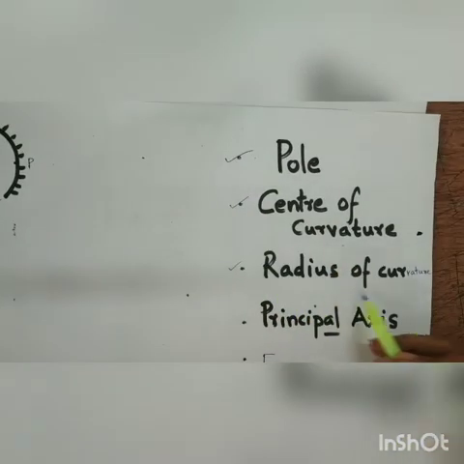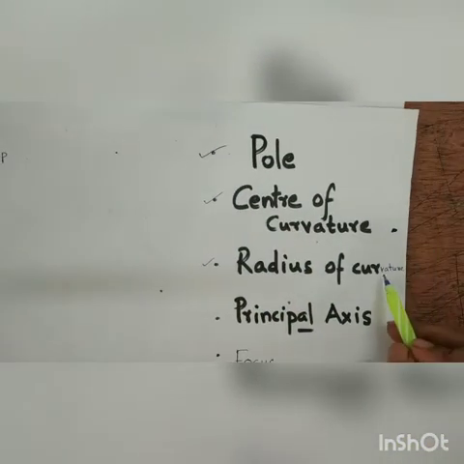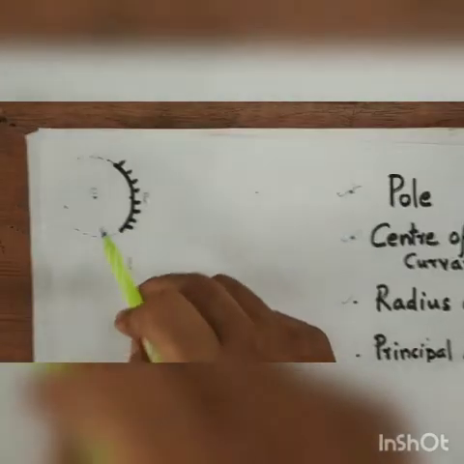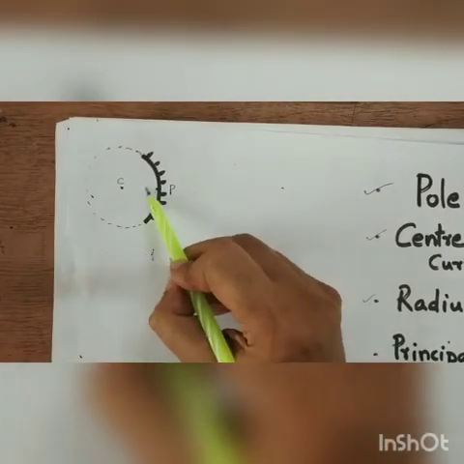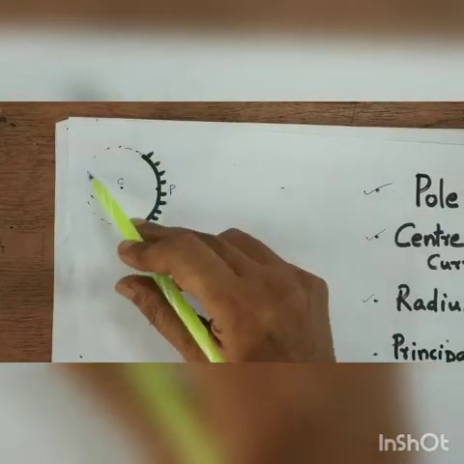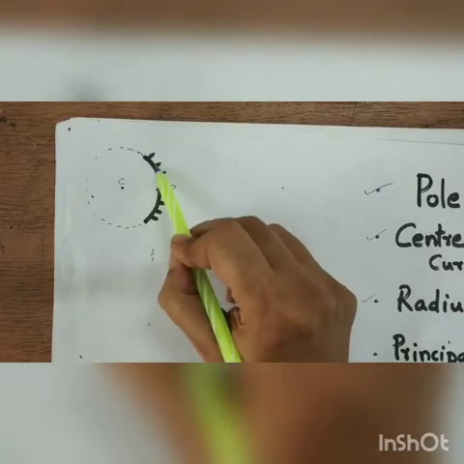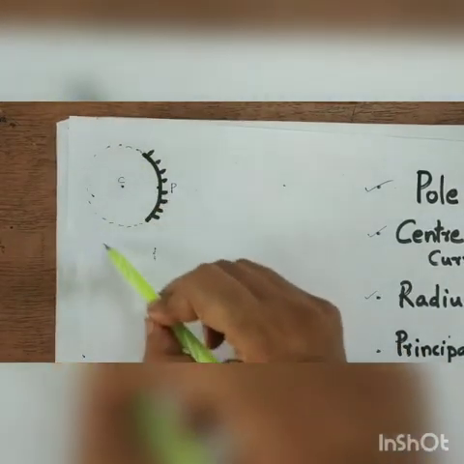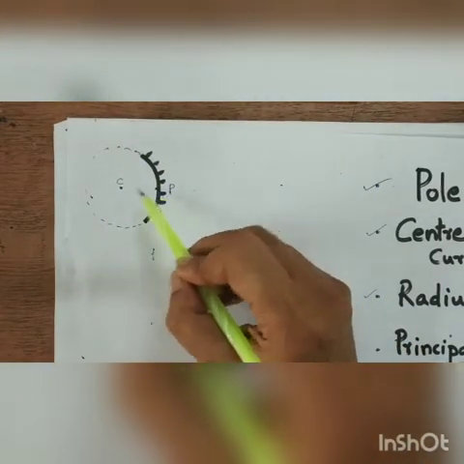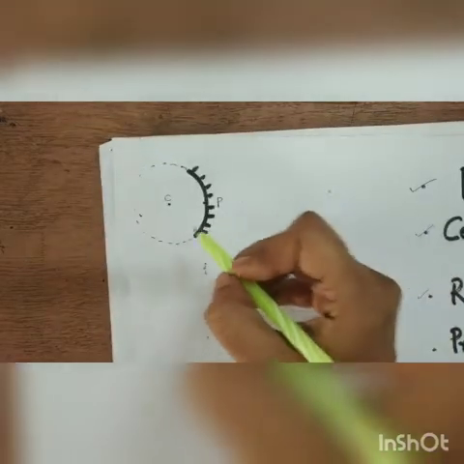Next is radius of curvature. Now, radius of curvature of this spherical mirror is the radius of the sphere of which the mirror forms a part. So, radius of the sphere of which the mirror forms a part, that is called radius of curvature of this spherical mirror.